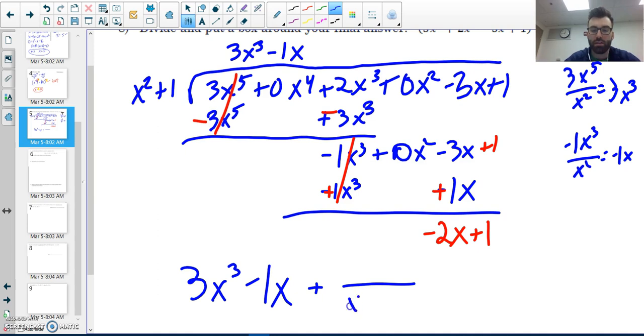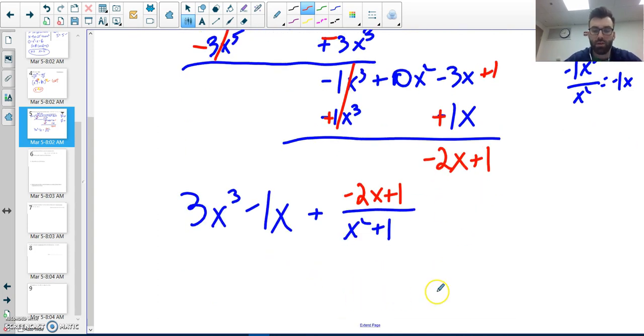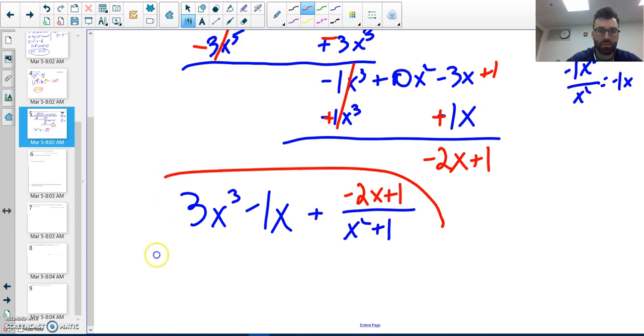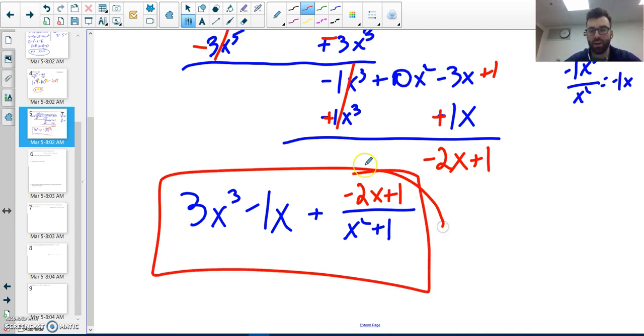Remember, our remainder becomes a fraction where my divisor, what I'm dividing by, is in the denominator, and my remainder is on top. So that would be my final answer. Right there.